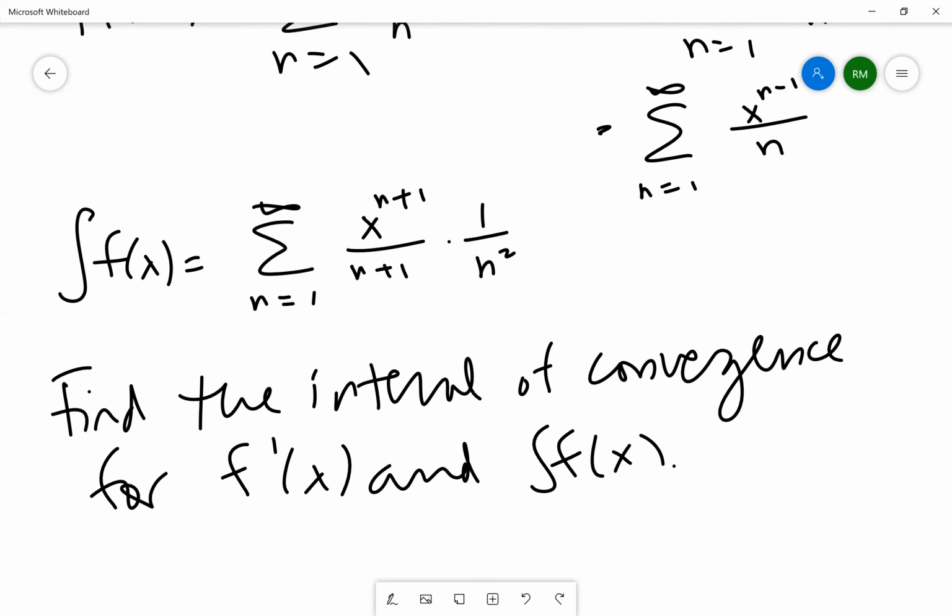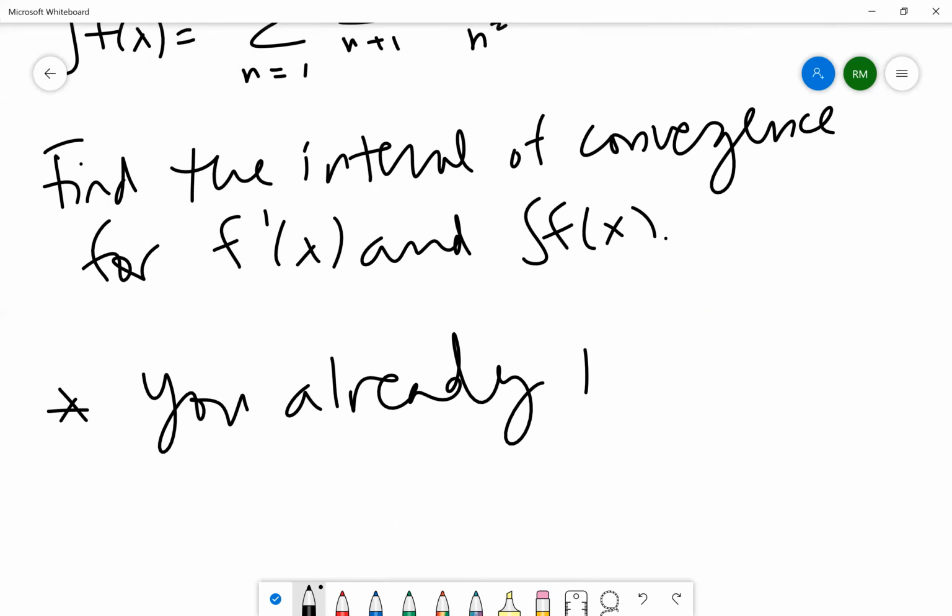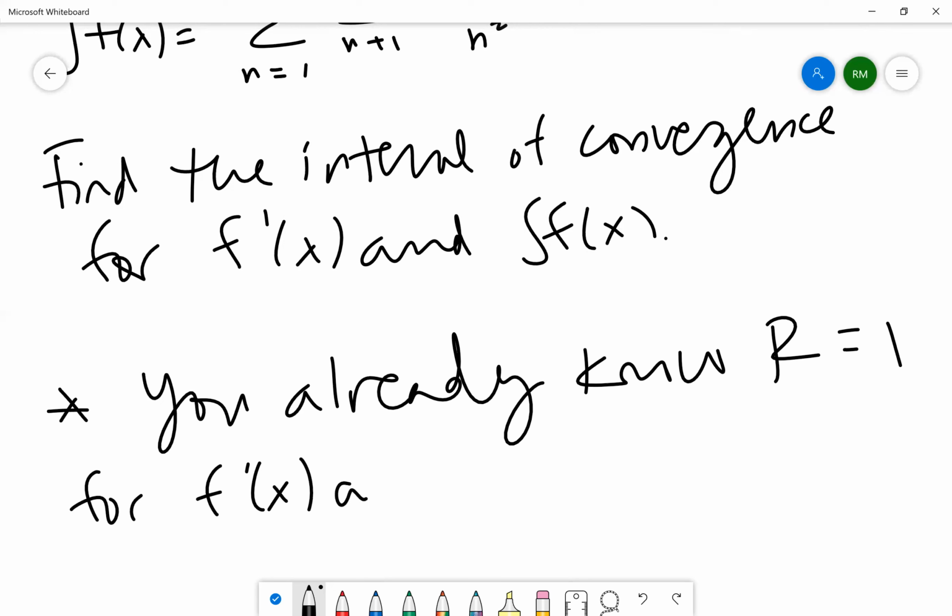One thing to keep in mind is that you already know the radius of convergence is 1 for f prime and the integral of f. The radius of convergence does not change when you take the derivative or the integral. So all you need to do is check the endpoints of plus and minus 1 for the series for f prime and the series for the integral of f and see what you get.